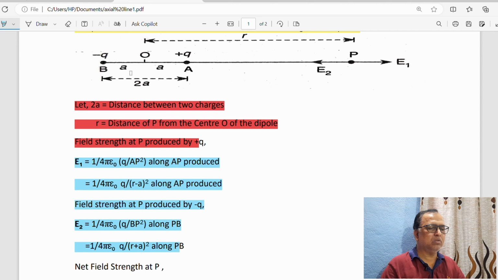E1 is away from P, E2 is towards B. So E2 is equal to 1 by 4 pi epsilon naught q by PB square along PB, that is 1 by 4 pi epsilon naught q by r plus a whole square along PB. E1 is 1 by 4 pi epsilon naught q by r minus a whole square along AP produced, and E2 is 1 by 4 pi epsilon naught q by r plus a whole square along PB.